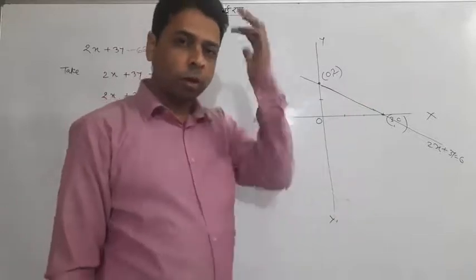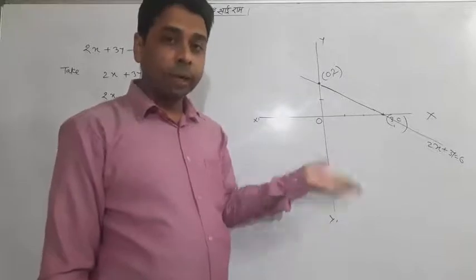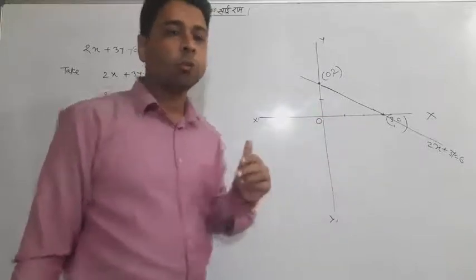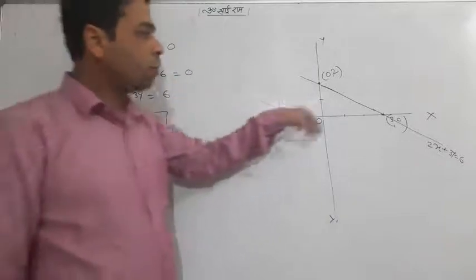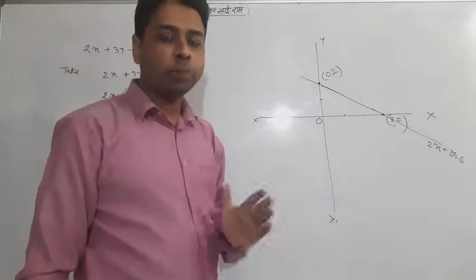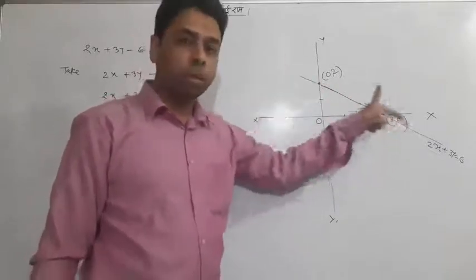Now recall your knowledge of how we can identify which is our actually required region. We will take one point, called an arbitrary point, which is a point that does not lie on the line.